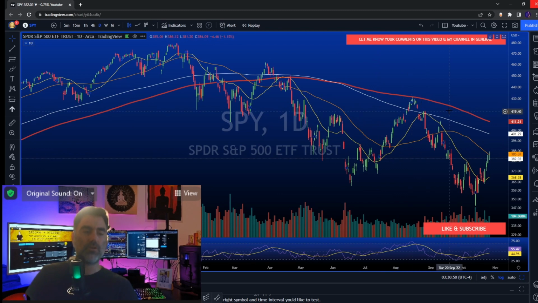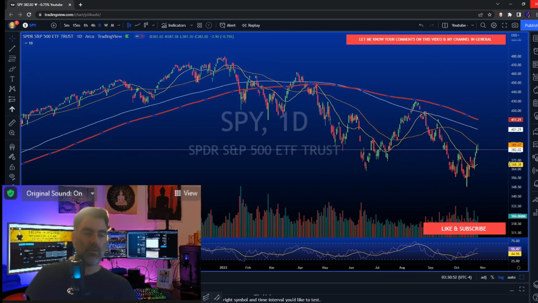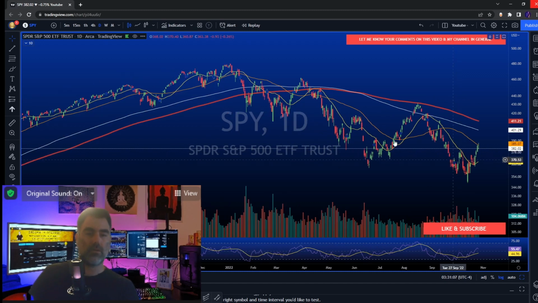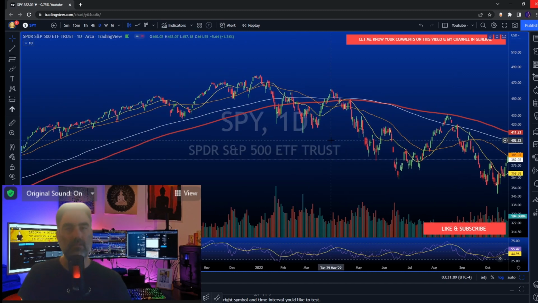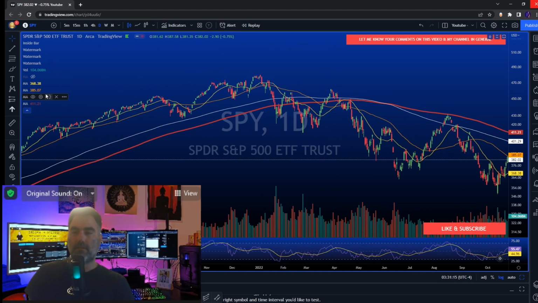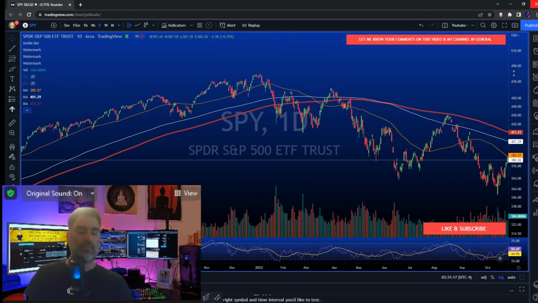Also, if I want to go short below the 20 EMA, I go short just here or here, and I will get stopped out here or here, which is good, but again, it doesn't give me the consistency that I'm looking for. So I don't use the 20.